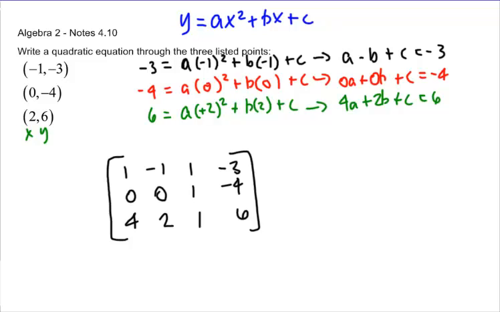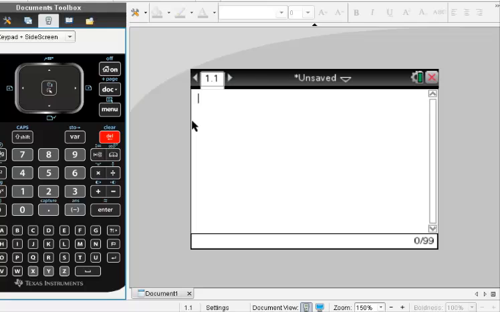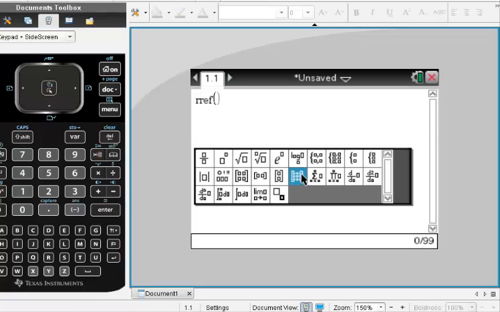So take those numbers from that matrix, and we're going to plug them into your calculators, and we're going to do RREF, your reduced row echelon form. And when you do your reduced row echelon form, it will tell you our answers. So we'll go to our calculator. This is on the Inspire. We'll do RREF for reduced row echelon. We'll pick our matrix.